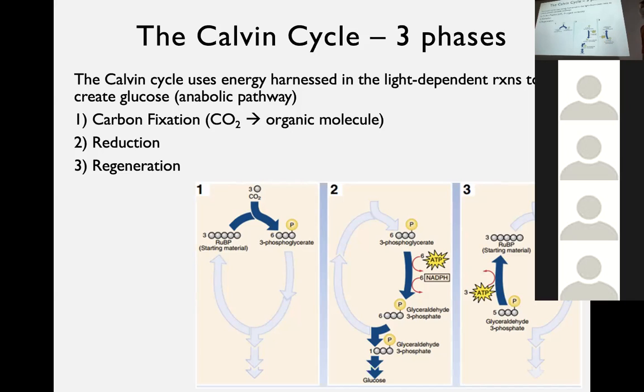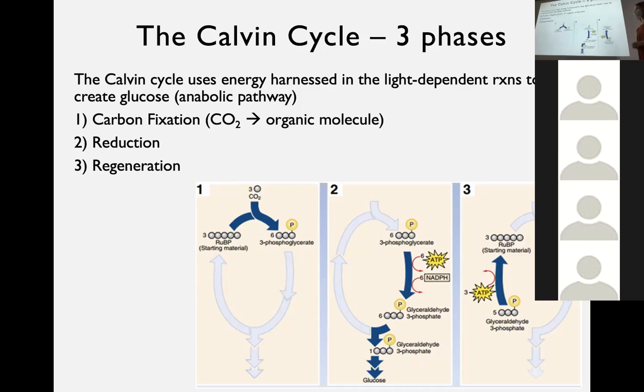The first step is called carbon fixation. And we haven't talked at all about carbon in this whole cycle, and carbon's pretty critical to glucose, right? There's 6 carbons in each molecule of glucose, so we got to start bringing that in to actually be able to make glucose.